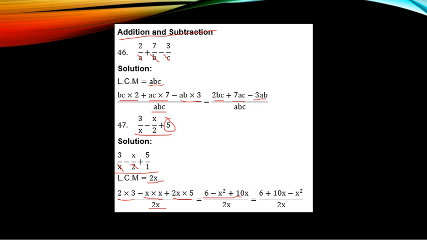So in that order, you can write the answer as 6 plus 10s minus s squared all over 2s. We cannot simplify further than that. So that is the answer we have for simplifying that algebraic fraction.